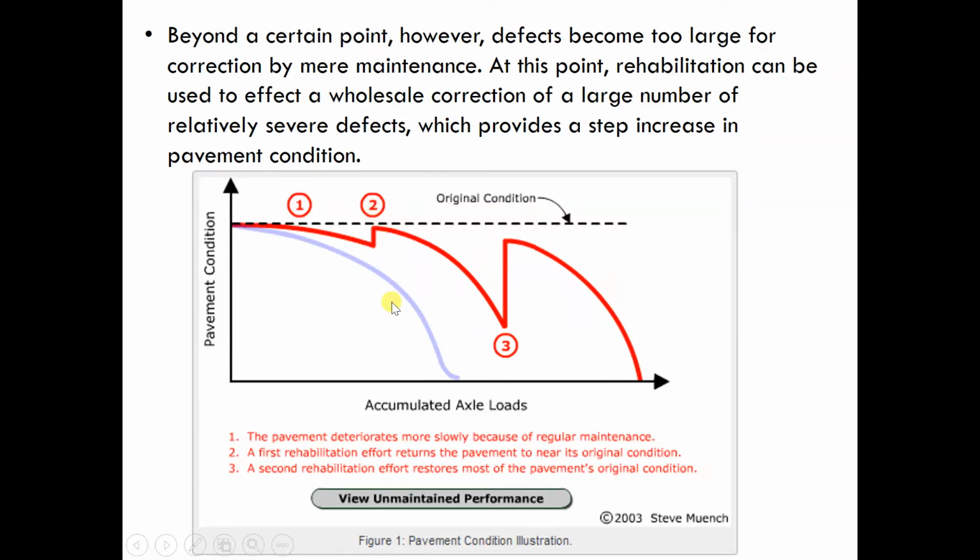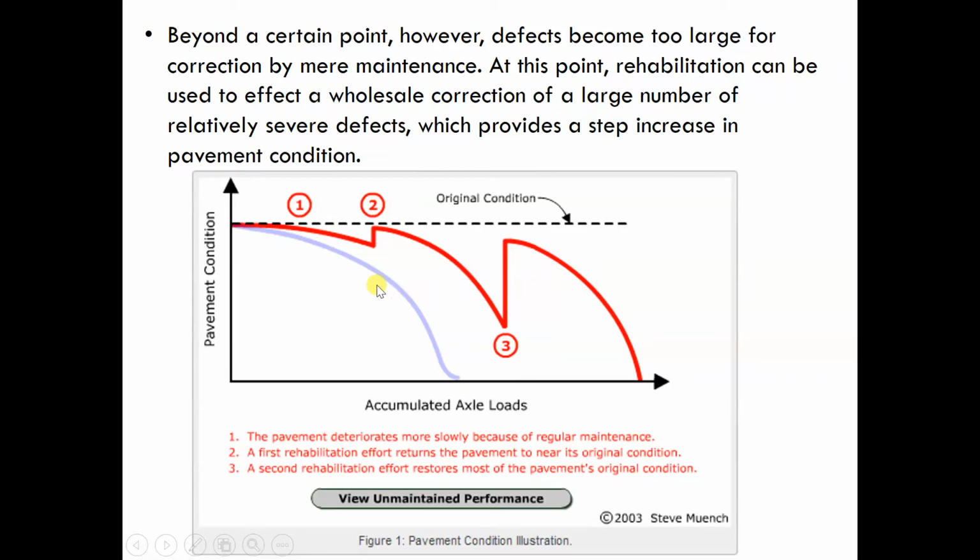At point 2 here, the first rehabilitation effort brings the pavement to near its original condition. The rehabilitation could be resurfacing with an asphalt overlay. You will overlay a layer of asphalt, 60 mm thick, on top, and you make the road new again.